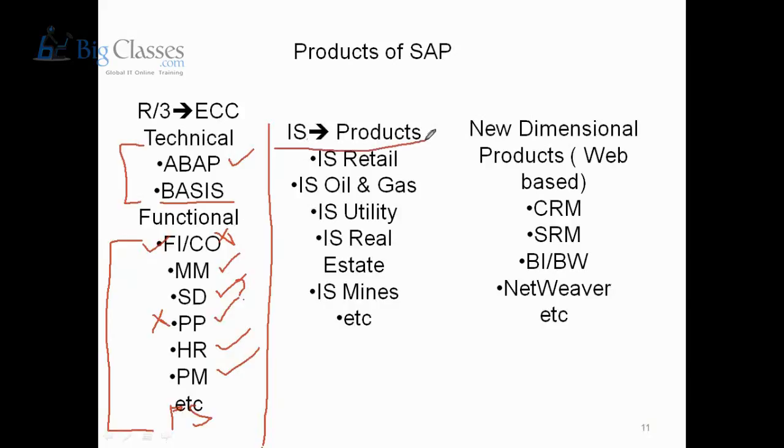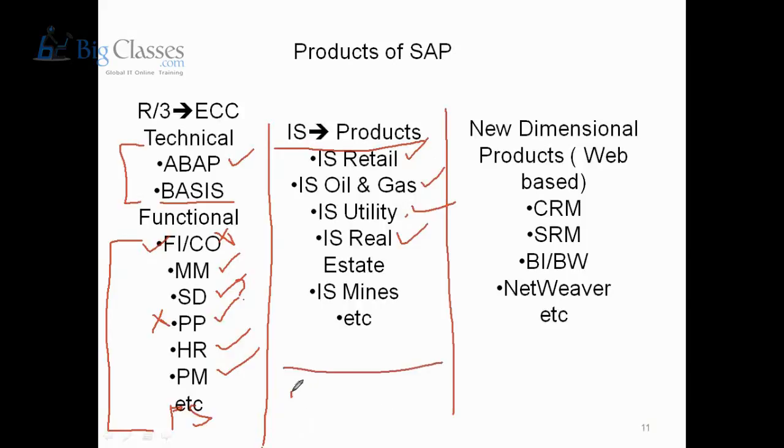In this slide we are discussing the different products of SAP. For a retail company we have IS Retail. Oil and gas is again a different set of business, so IS Oil and Gas. For an energy company it is utility. Real estate, IS Retail. IS Mines. Individual types of customers have specific solutions.